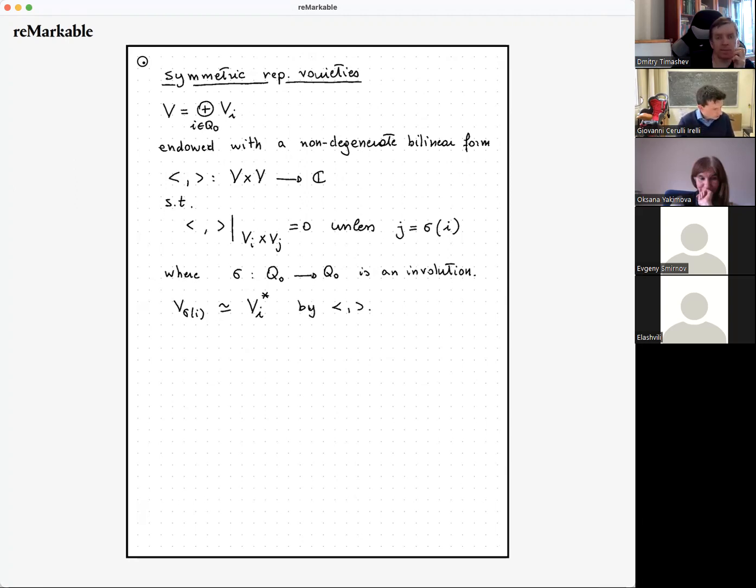Okay. All right. And now we also want that this form is symplectic or orthogonal. So fix epsilon equals 1 or epsilon equals -1, and then require a second condition: that (v,w) is equal to epsilon (w,v). Then this form is called an epsilon form on the graded vector space V, and we say it's compatible with sigma.